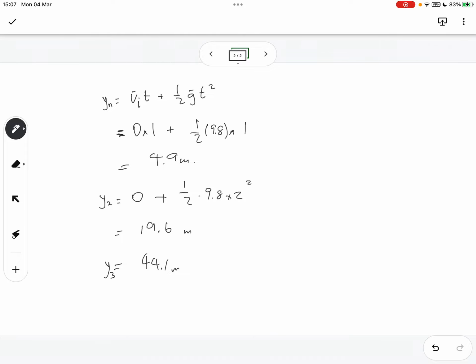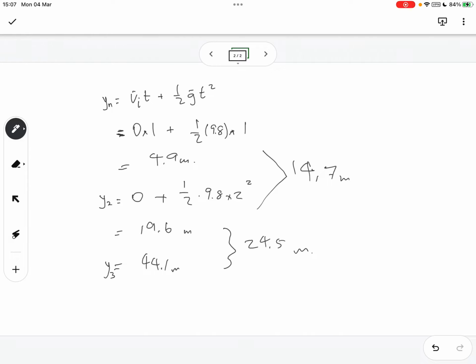So we can find the common difference there, but will it be the same? 44.1 minus 19.6 would be 24.5, and 19.6 minus 4.9.